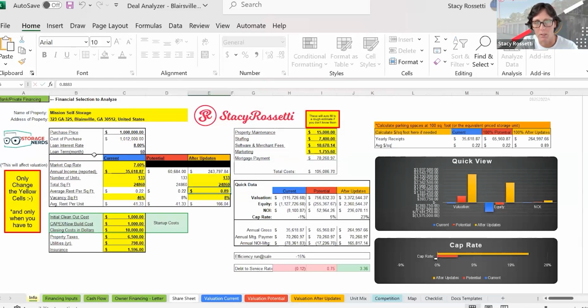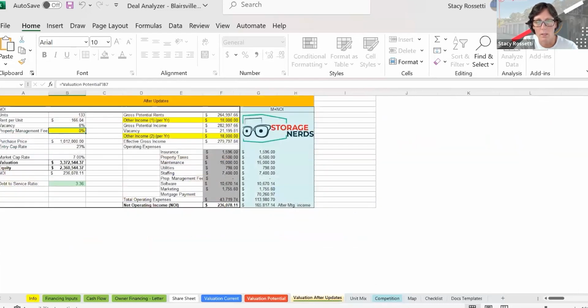I'm way overpaying for it. But I'm looking at the potential of what it can become, right? I'm looking at what I can do. So the goal is to get it to 89 cents a square foot and get it full, right? And then on top of that, the goal is to get it to 18 and 18 for the extra income.